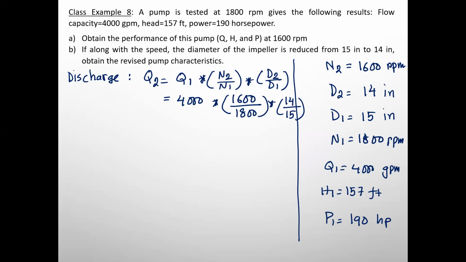If you do the calculation, you should get 3318 GPM. If you look at the answer for part A, the Q2 was 3555. Since you reduced the diameter, that is affecting the discharge capacity also.